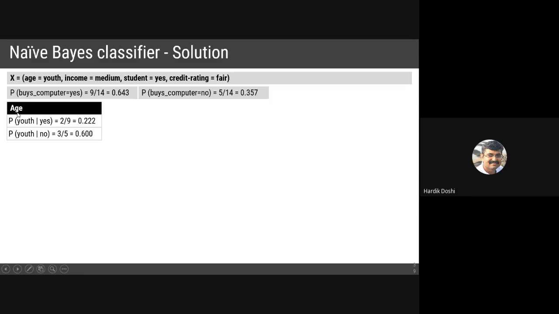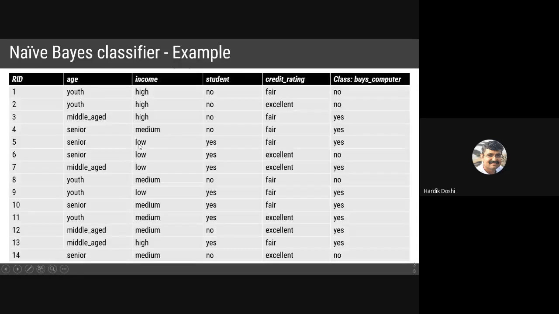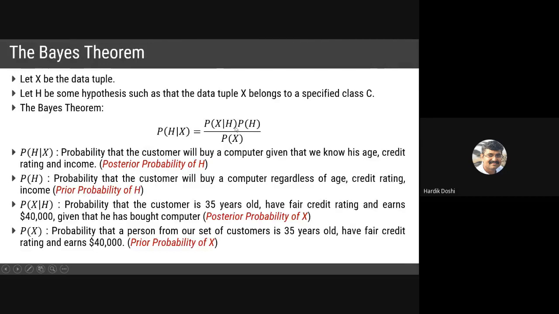Now for age, what is the given value? Youth. Check the notation: X for hypothesis, the tuple for hypothesis. In X, we need to check the individual attributes.